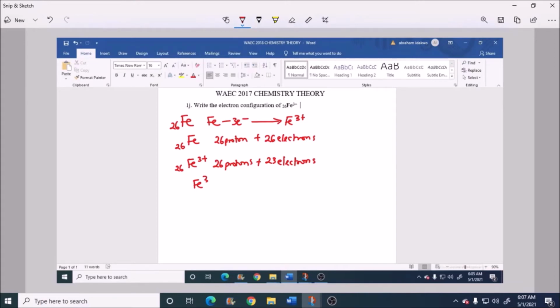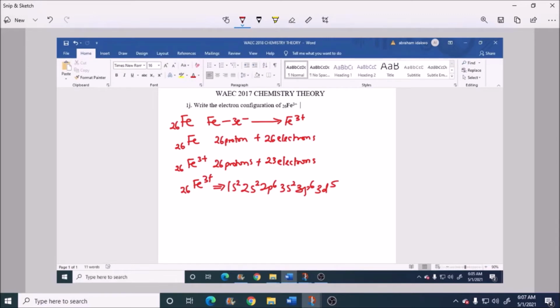Then we have Fe3+ with atomic number 26. Then the electronic configuration is going to be 1s2, 2s2, 2p6, 3s2, 3p6, and we have 3d5, because we have Fe3+ and it has lost 3 electrons.